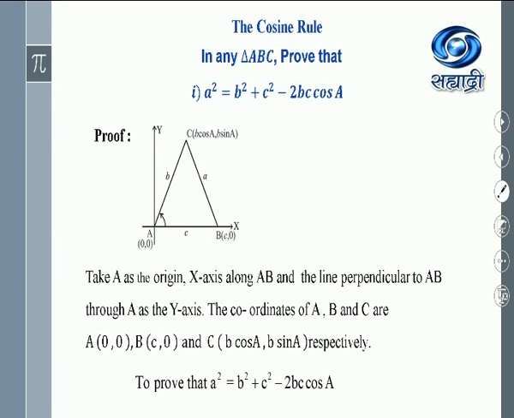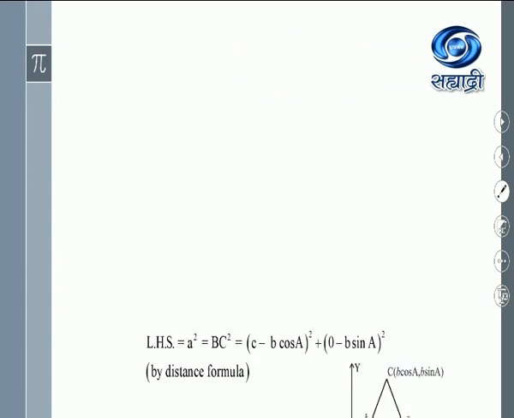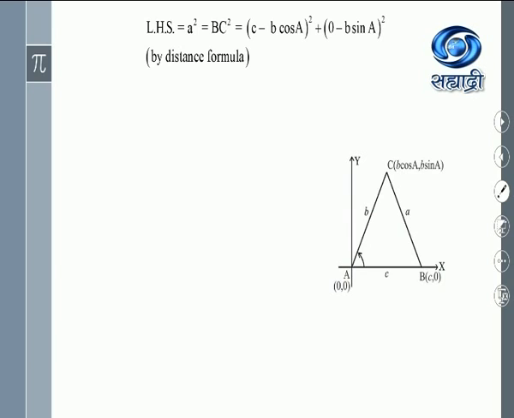Now what we have to prove? A square is equal to b square plus c square minus 2bc cos A. So we go to the next step. LHS is what? A square. Now this figure is very important, that we already drew on the previous slide. We are finding what? A square. So this A square is equal to, the side is BC, length BC is A, therefore A square is equal to BC square, right?